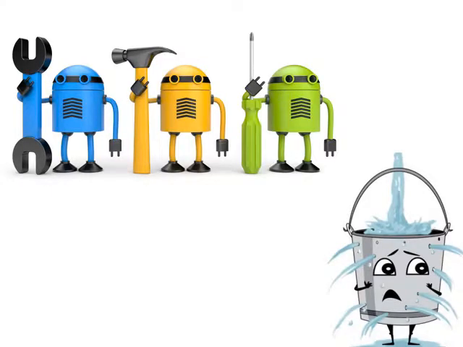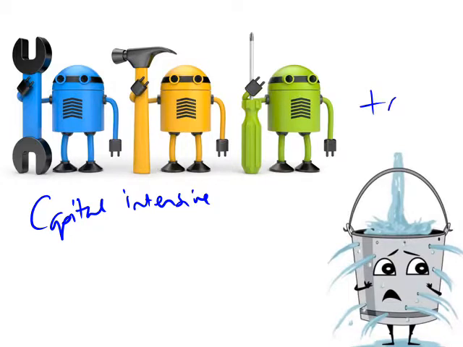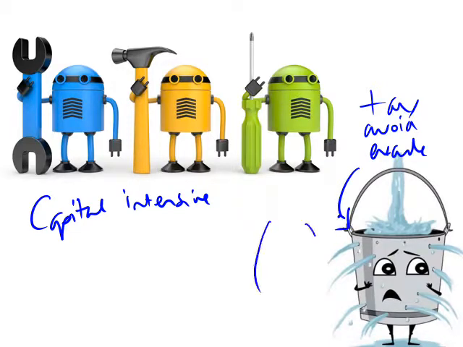The argument against FDI could be that capital intensive argument, or you could talk about how the tax evasion or tax avoidance leads to a leakage from the circular flow of income. So you end up with businesses taking their profits back out of the economy.